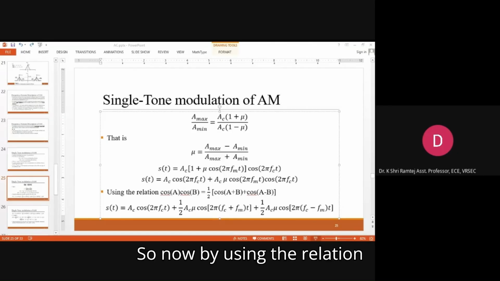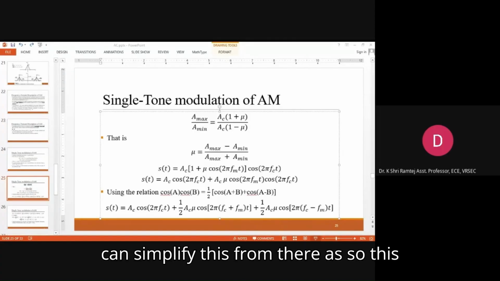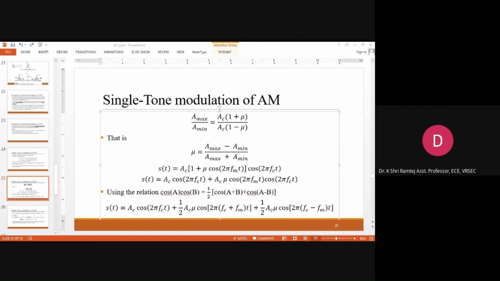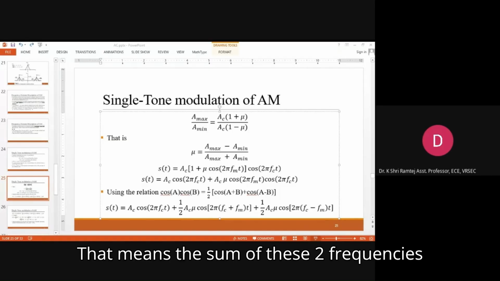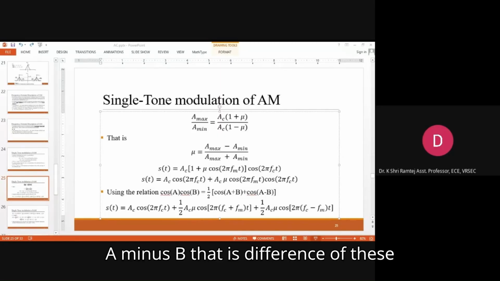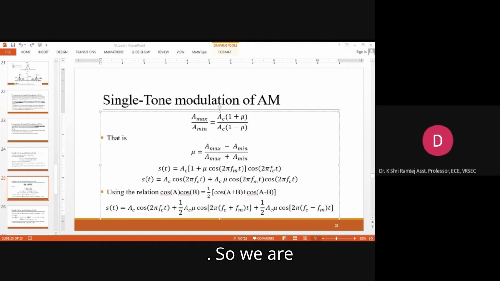Now by using the relation cos A into cos B is equal to 1 by 2 times cos of A plus B plus cos of A minus B, the first term remains as it is, and the second term becomes Ac mu by 2 cos of A plus B, that is the sum of these two frequencies, 2 pi into fc plus fm, and the other term is A minus B, the difference of these frequencies, cos 2 pi fc minus fm.